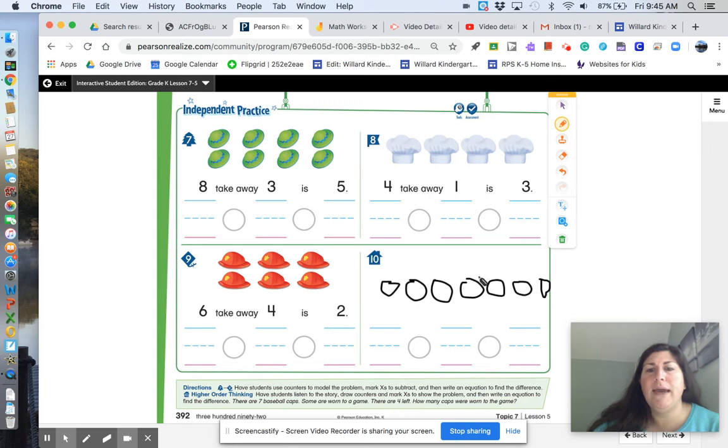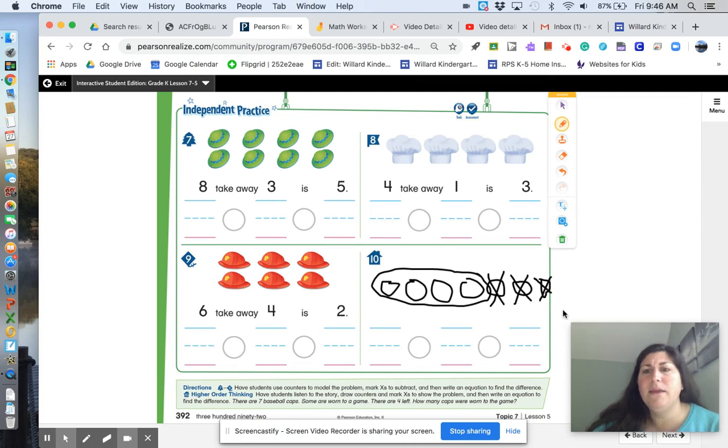So, okay, I'm going to circle the 4 that I know are left because I know basically that's the amount that we still have left. But then I got to see, oh, wow, okay. So some are worn to the game. These must be the ones that were worn to the game that are not there anymore. That's interesting.